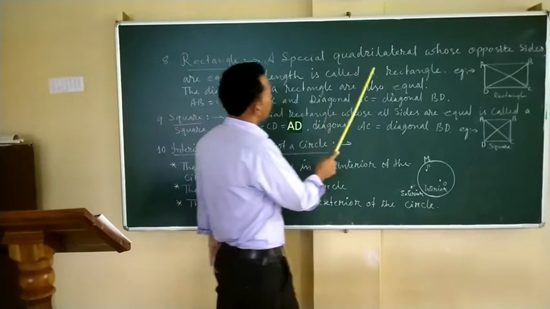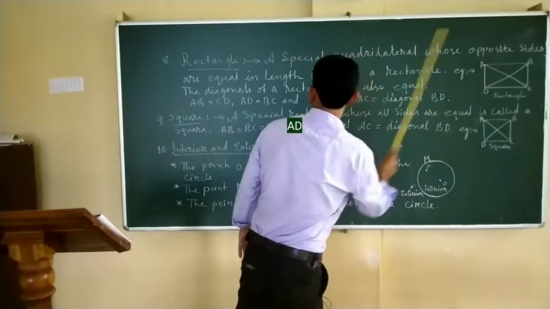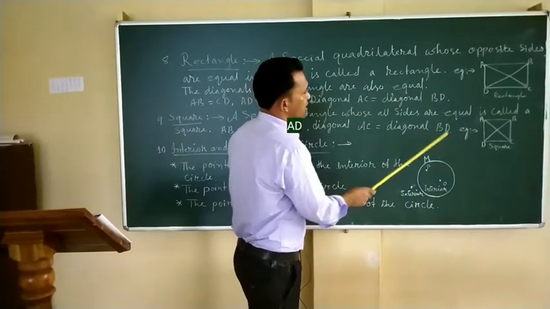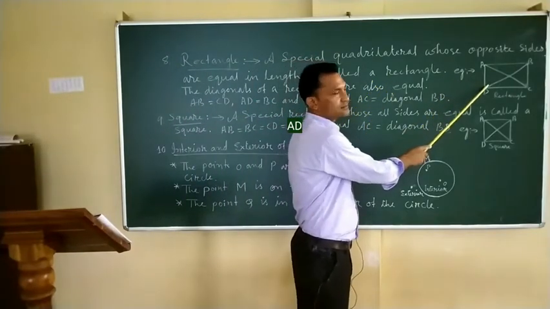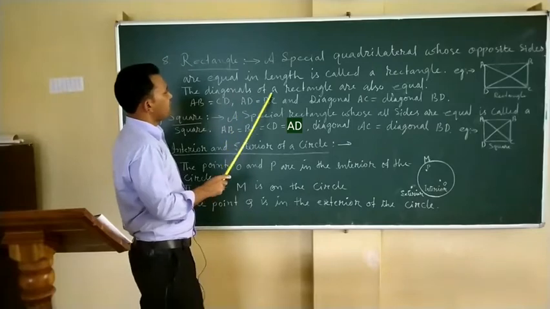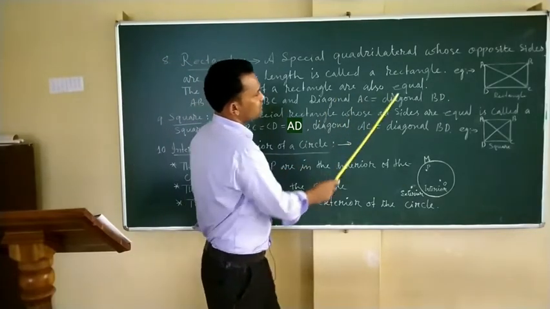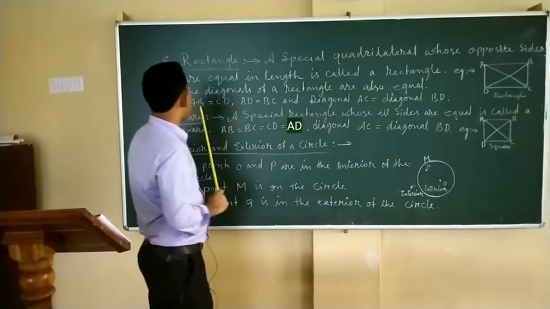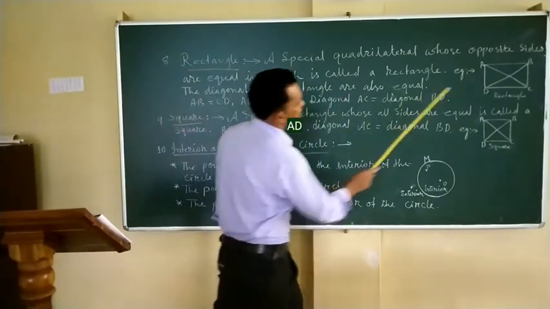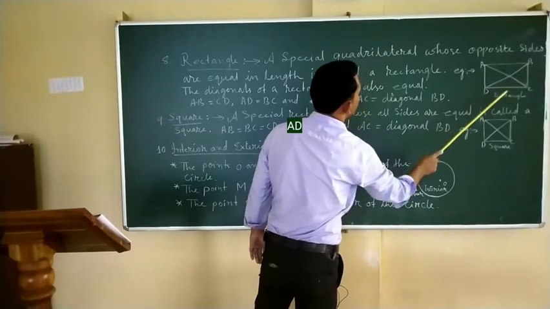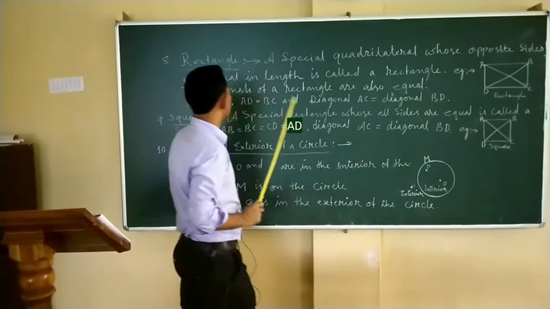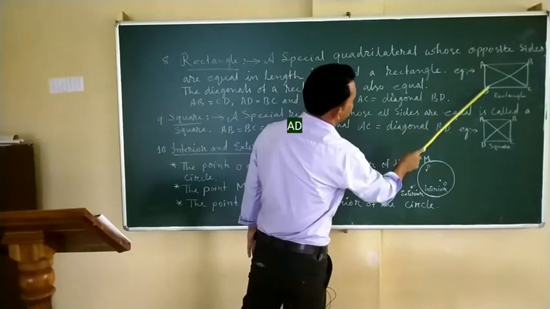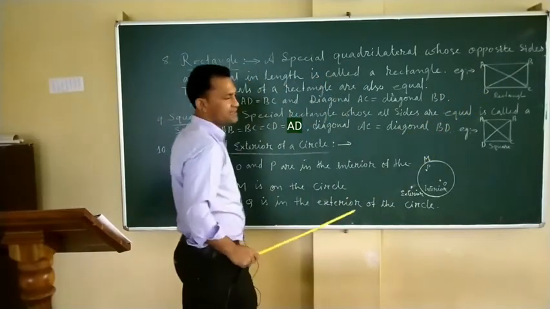A special quadrilateral whose opposite sides are equal in length is called a rectangle. Example, here I have given. Diagonals of a rectangle are also equal. So which is called diagonal, these are called diagonals. AB equals CD.